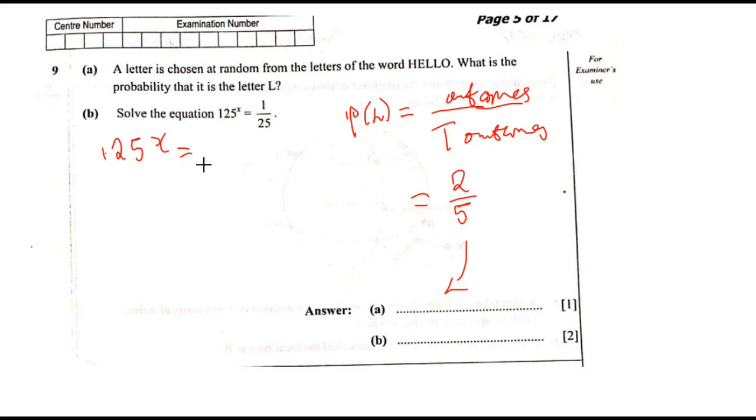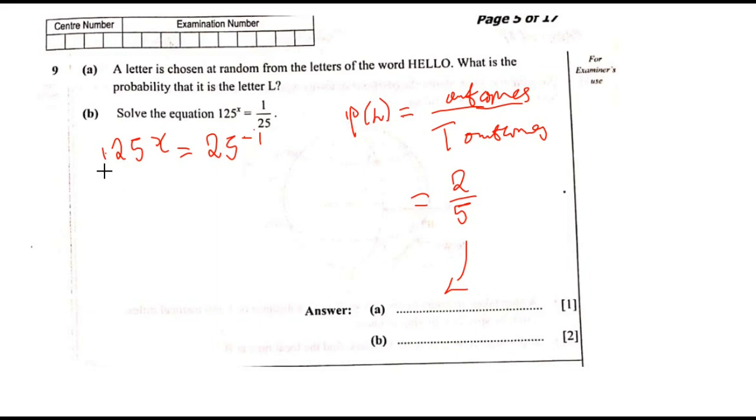Now when you have this question, first of all you need to make the right hand side look the same way as the left hand side. So 1 over 25 can also be written as 25 to the power negative 1, so that we just have things in one line like this.